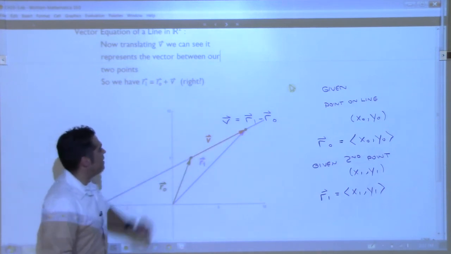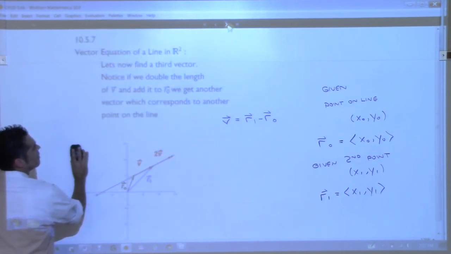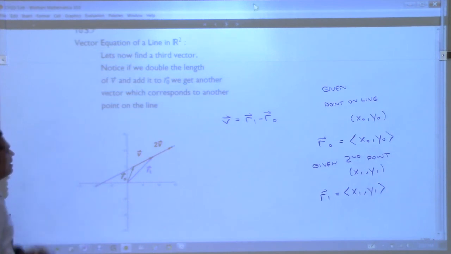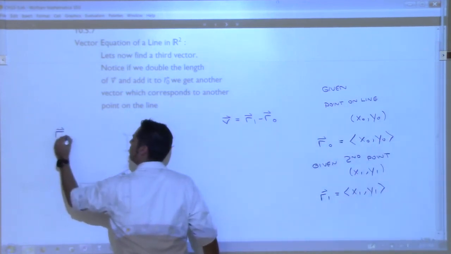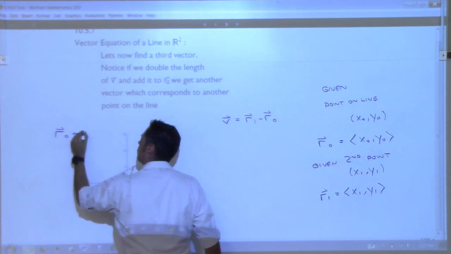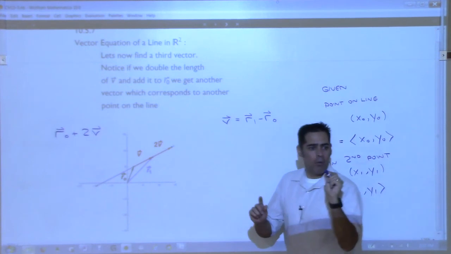So what happens if I take the vector r naught and I add to it twice the vector v? Think about what you would do.